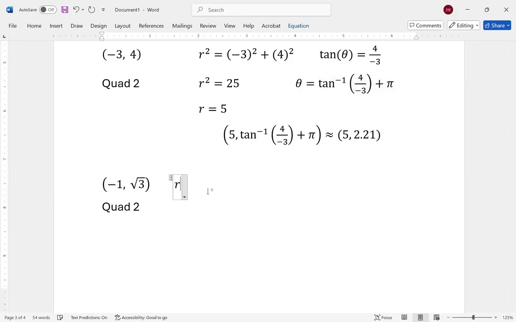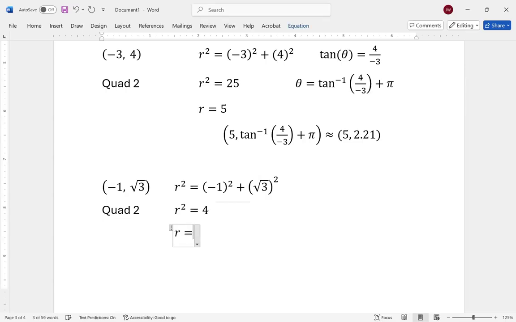We still have to find r by taking r squared equal to -1 squared plus the square root of 3 quantity squared. So that means r squared is going to be equal to 4. So I'm going to use r of 2. I always use positive r's.